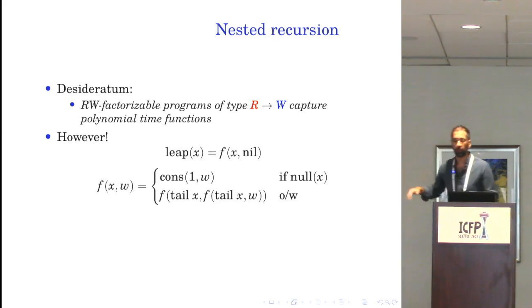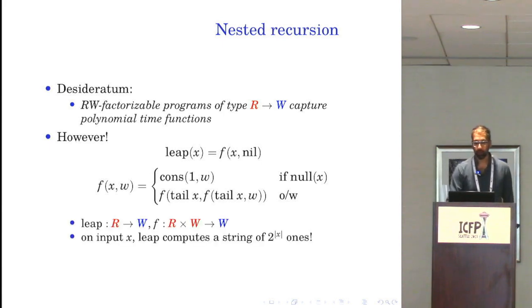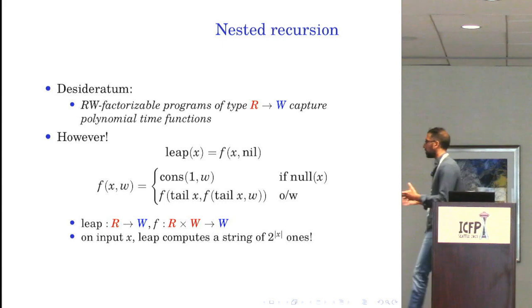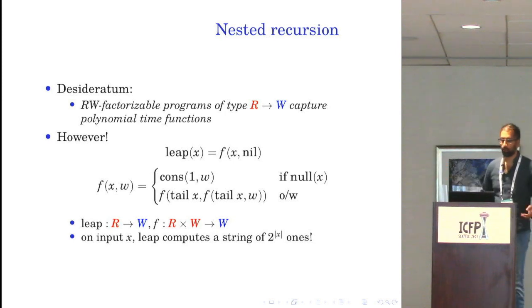But if you do so, you'll see that this function computes exactly the same thing as before. But it's eminently RW-factorizable, you can absolutely type it. I have one of the W arguments here in red, which is a typo. It should be in blue. And this is clearly not a polynomial time function because the output is too large.